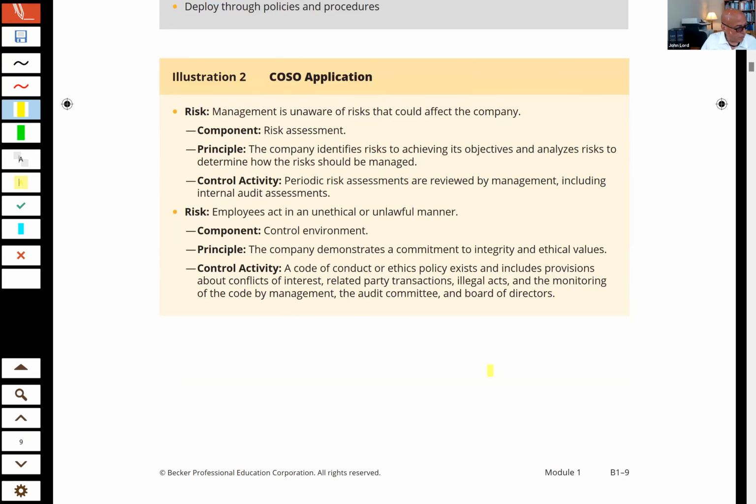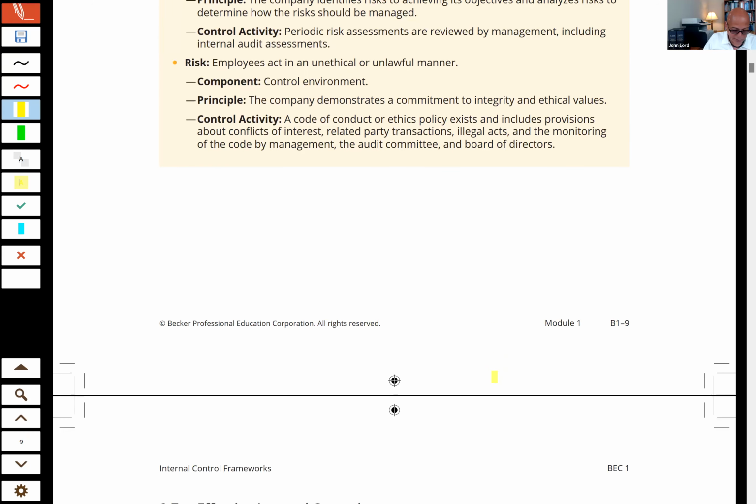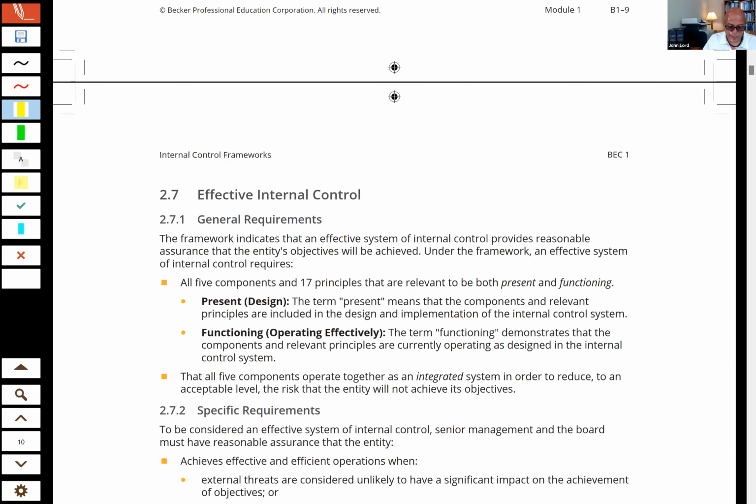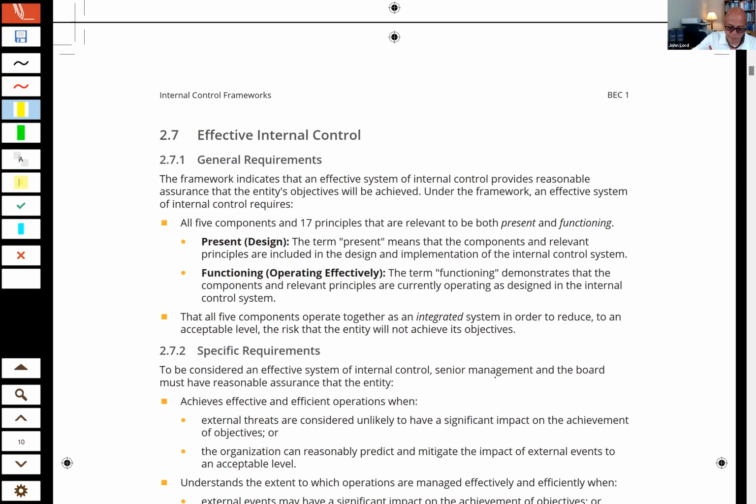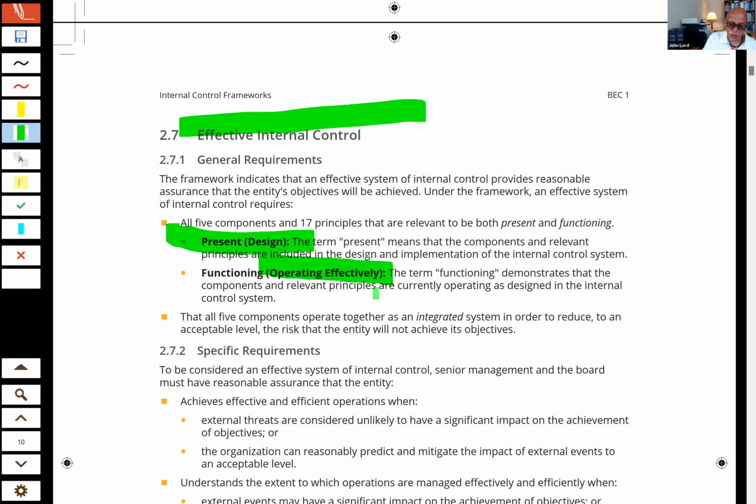Okay. All right, now when we look at the effectiveness of the internal controls, we're looking at the design, okay? And we're looking at operating effectively. So not only do you need to design a good control, but then it has to operate.